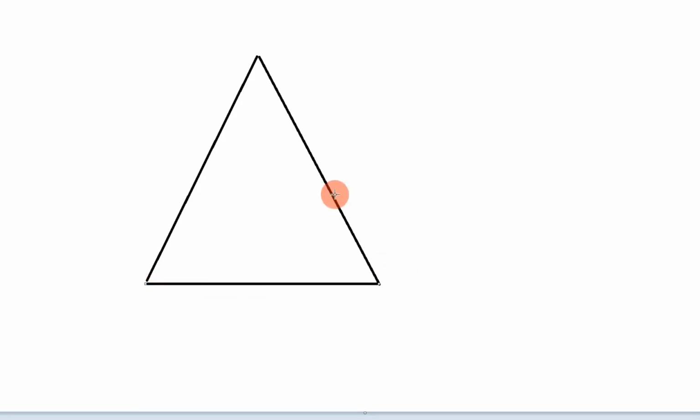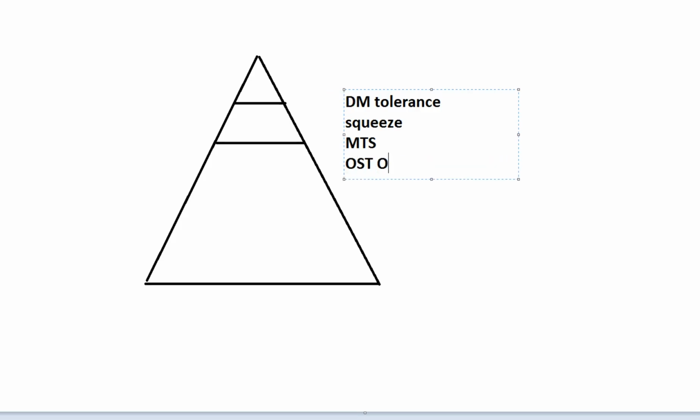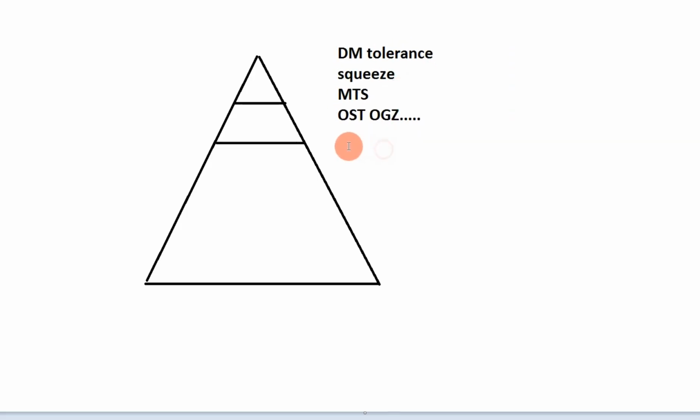Yeah, can you imagine? I will just briefly talk about this now. Can you imagine, while there are traders on a very high consciousness level who are considering whether we have a dumb money tolerance or a squeeze or an MTS run or an OST run and order gap zone run, whatever it is, they are discussing whether we have a pre-run counter scenario, whether we have time range principle, and so on and so on.